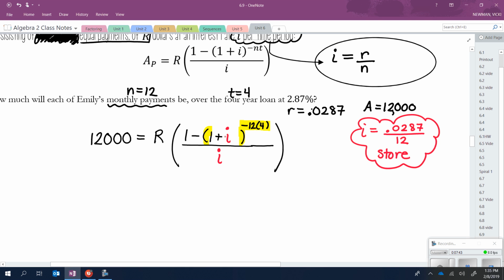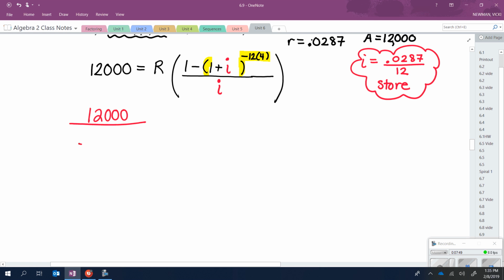All right, so we're going to divide that over. So 12,000 divided by 1 minus 1 plus I to the negative 48 over I, close those parentheses. Again, just the 1 plus I has that exponent of negative 48.